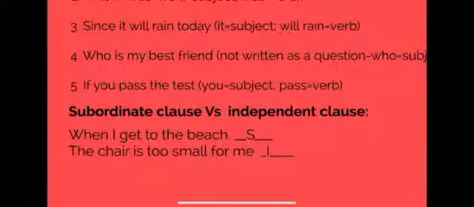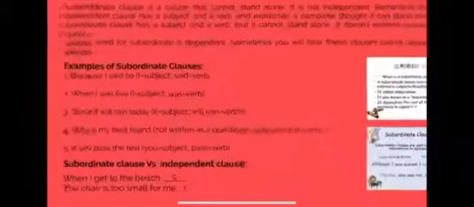Now the second one is an independent clause, a complete sentence that has proper sense: the chair is too small for me. So the idea is complete, the thought is complete, the sentence is complete. This type of sentence is called an independent clause, and the upper one is subordinate. So this is the difference between independent and dependent clauses.